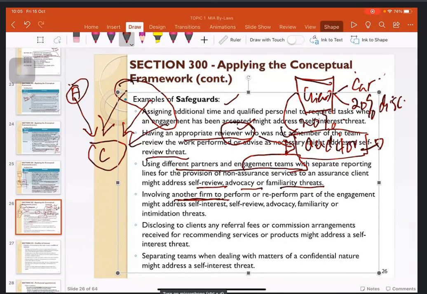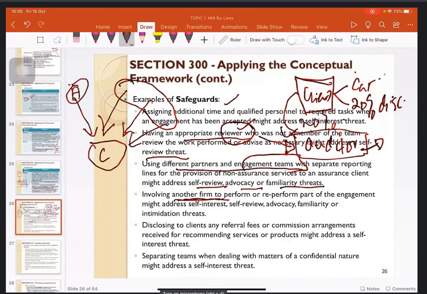Okay, in order to ensure that we still independent, untuk that particular part, kita akan appoint another audit firm. Kita punya affiliate company lah, another audit firm to audit on that area. So by doing that, it is able to reduce the self-interest threat, self-review threat, advocacy threat, familiarity threat, as well as intimidation threat.